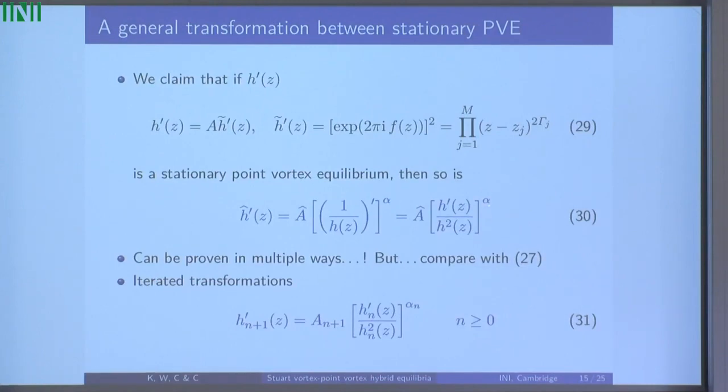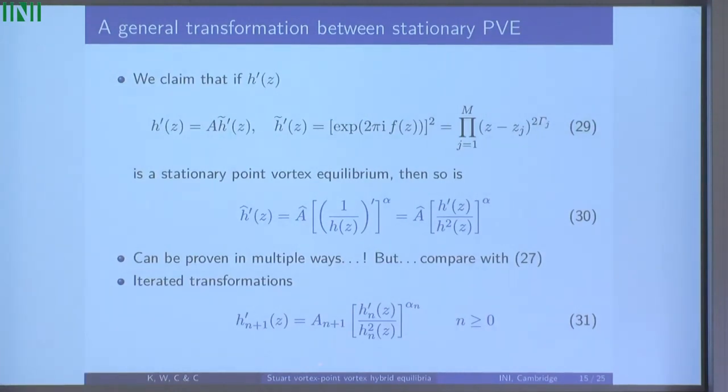And alpha: if you have any point vortex equilibrium and you scale all of the circulations with the same number, it stays in equilibrium. That's what alpha is doing, because if you take a log, this alpha will appear in front of the log. It's basically the circulation. So that's not a proof, but that's the argument for why this transformation works and why it would produce another point vortex equilibrium.